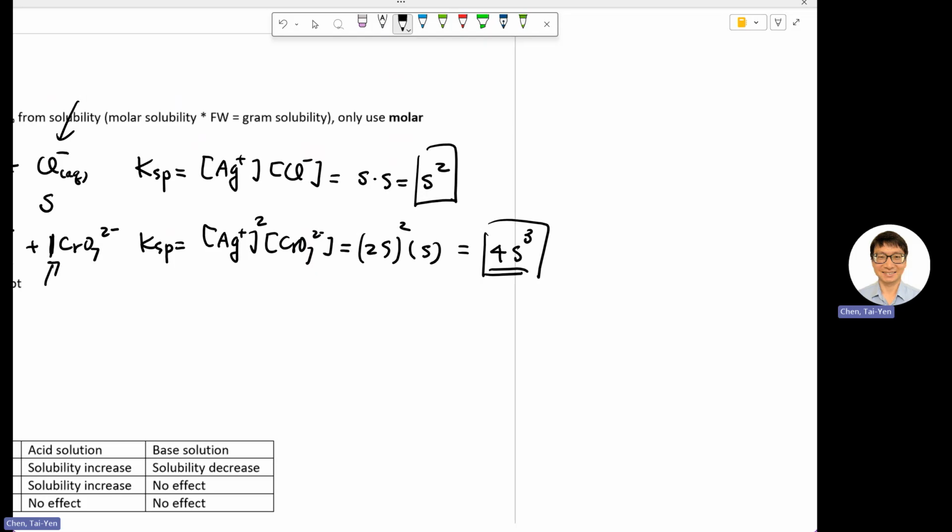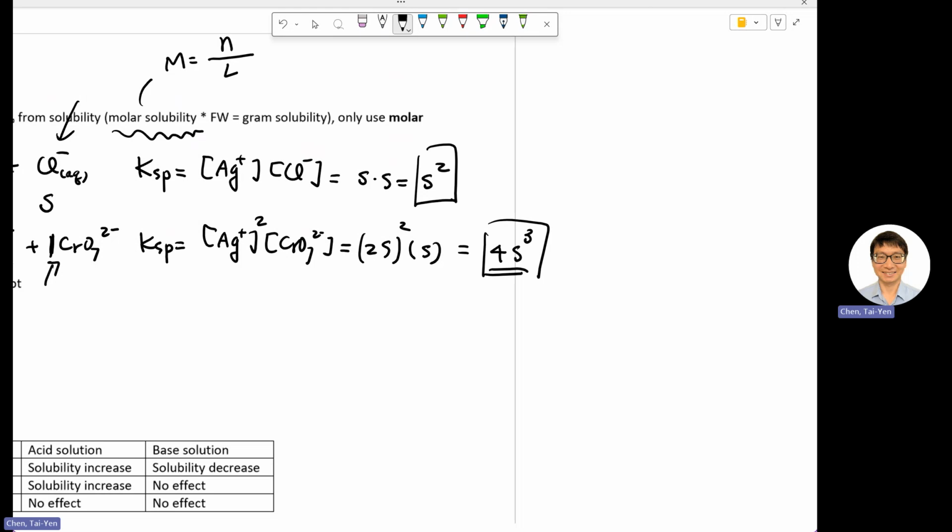One thing you need to be very careful about for this type of question is that you must use molar solubility, meaning moles per liter.